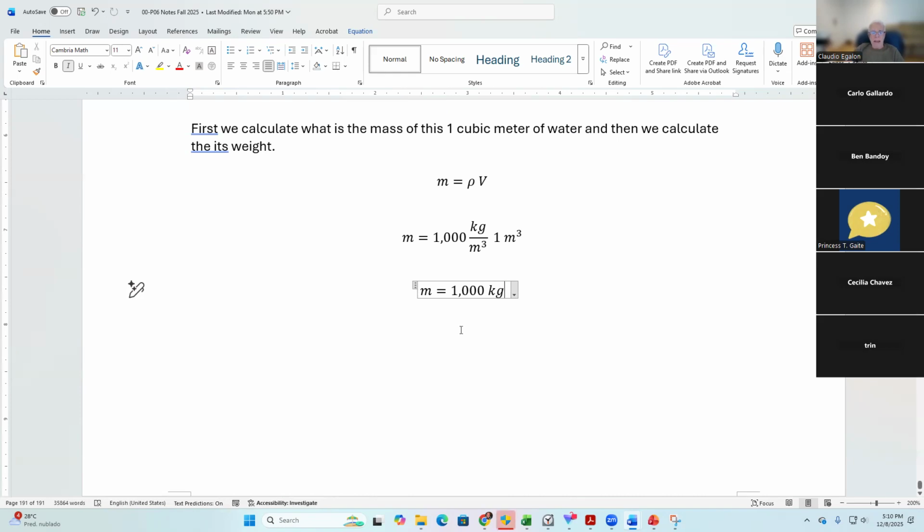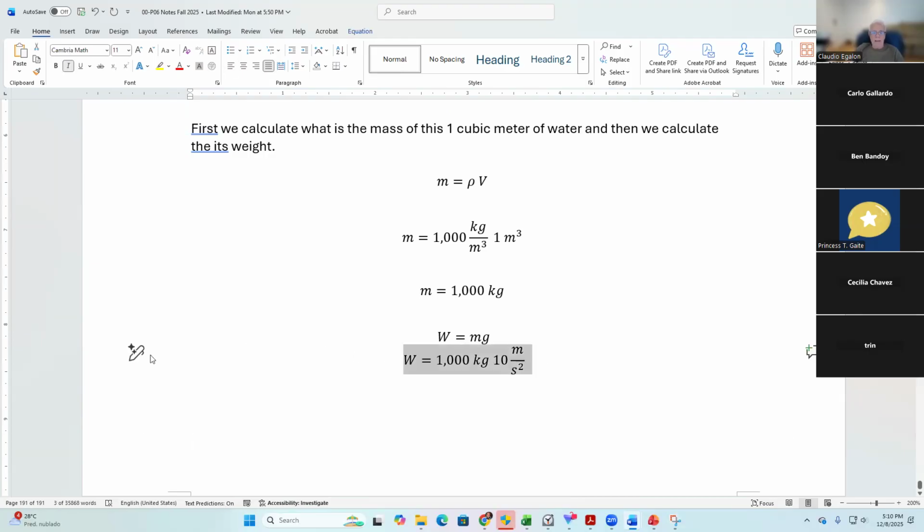Okay. And now the weight is given by mg. M is 1,000 kilograms, and g is 10 meters per second squared.